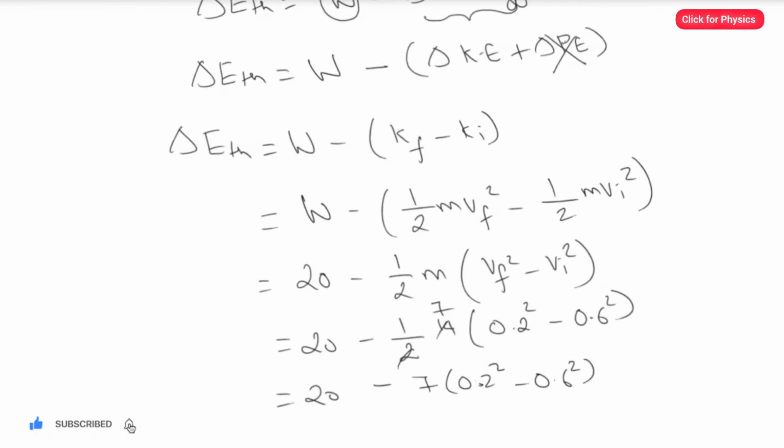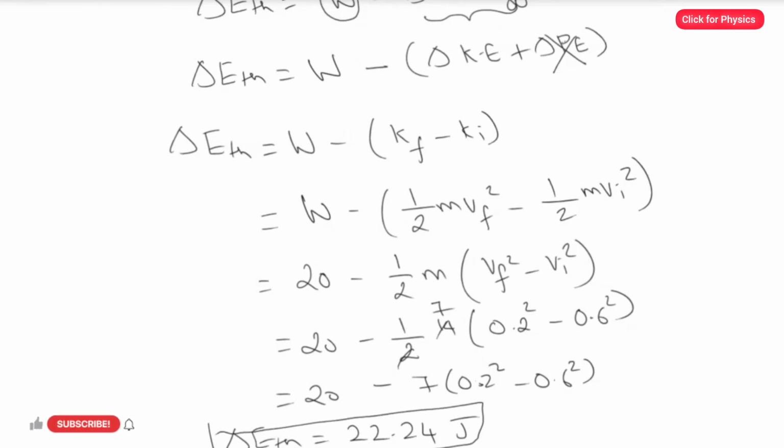So 20 minus 7 multiplied by (0.2 square minus 0.6 square). I got the answer here as 22.24. So the thermal energy value we got is 22.24 joules. So this is the answer for the second part. That's it. Thank you.